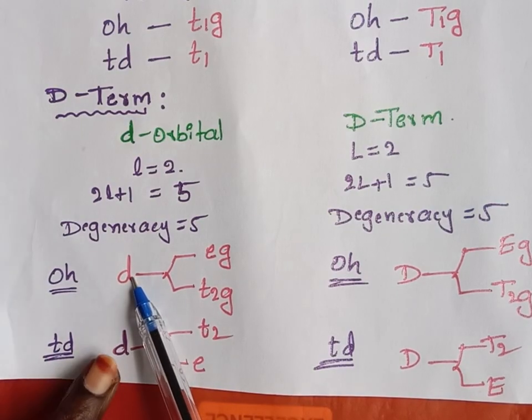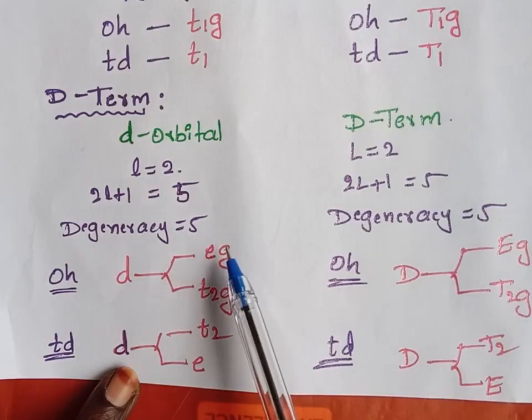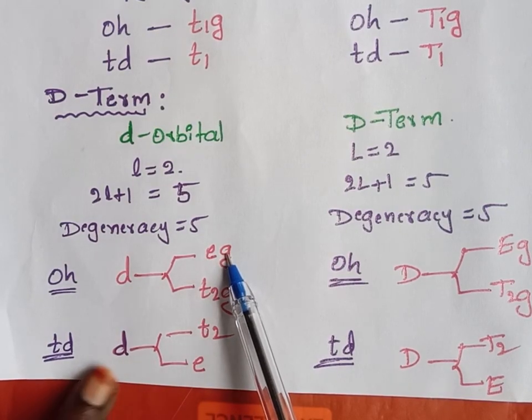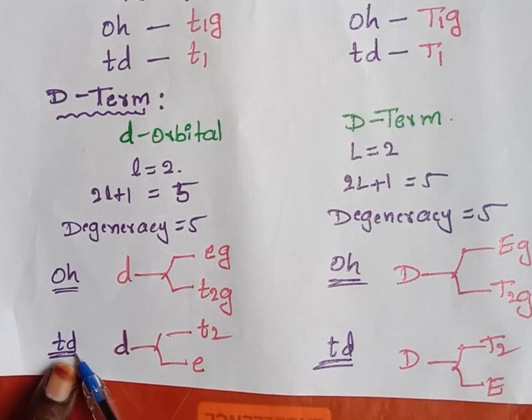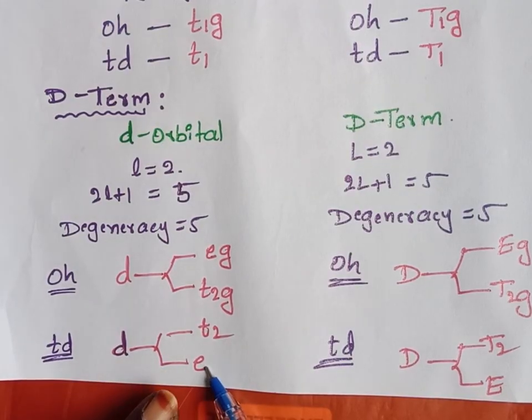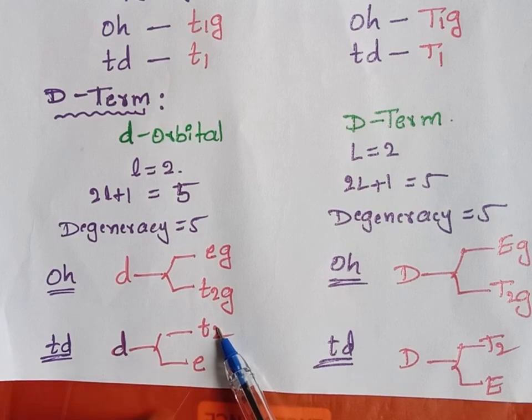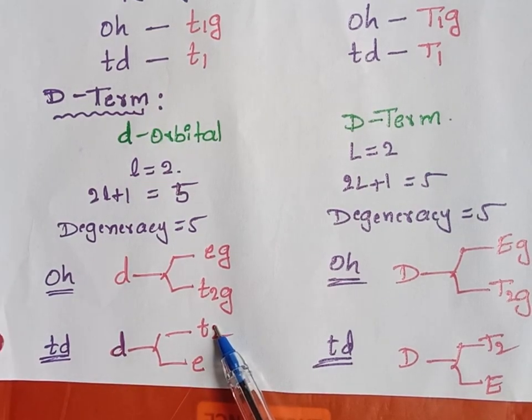In an octahedral field, the lower energy level is designated as small t2g and the higher as small eg. In a tetrahedral field, the lower energy level is designated as small e and the higher as small t2.